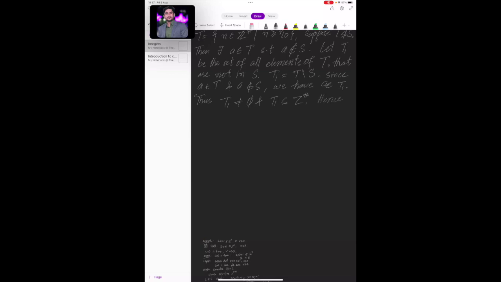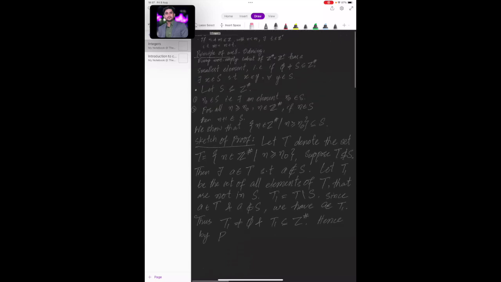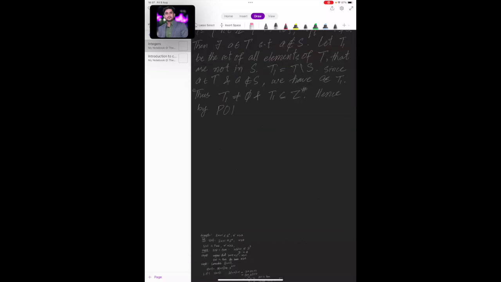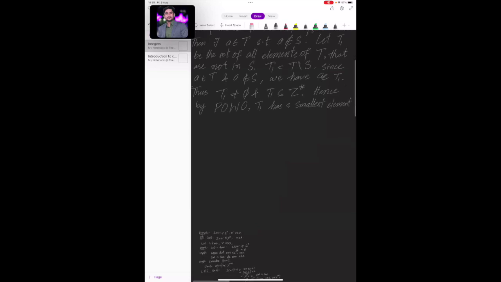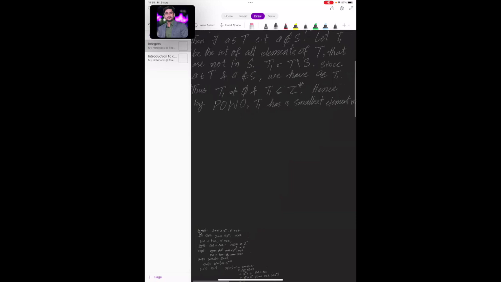Hence, by principle of well ordering, T1 has a smallest element M.